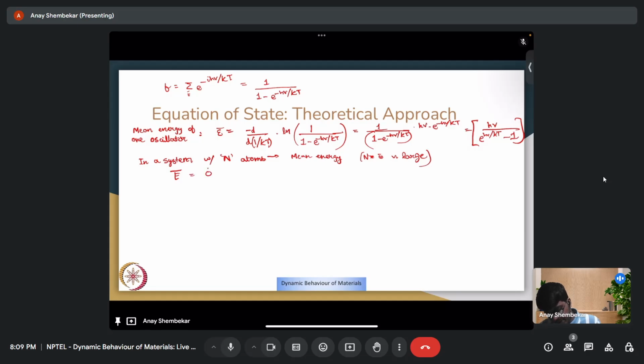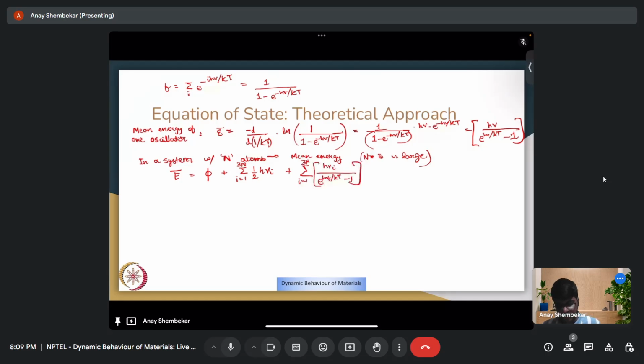That would be a sum of some potential function P, plus the summation i equal to 1 to 3N of half of h nu i, which is my ground state energy, plus, with nu i written for each oscillator, the summation i equal to 1 to 3N of h nu i by e raised to h nu i by kT minus 1.